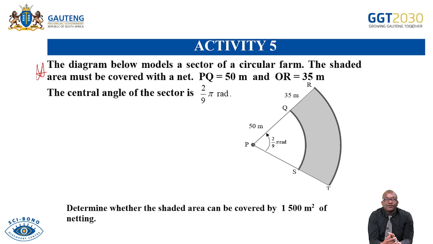The scenario or the statement given says the diagram below models a sector of a circular farm. We have a sector of a circular farm. Correct? Then the shaded area must be covered with a net.